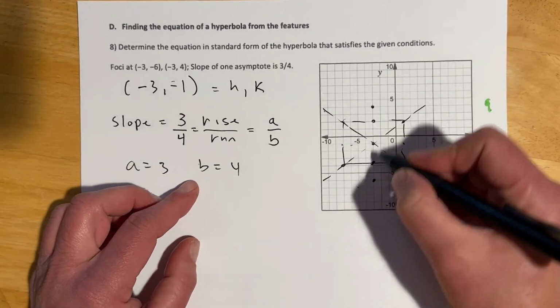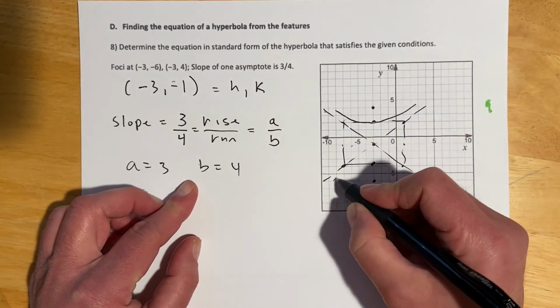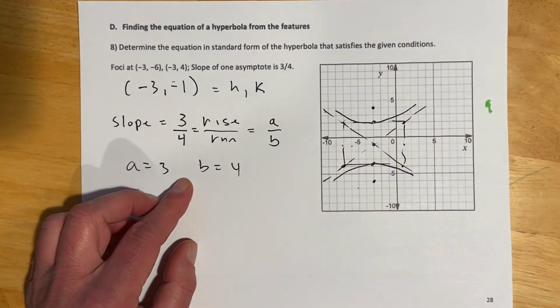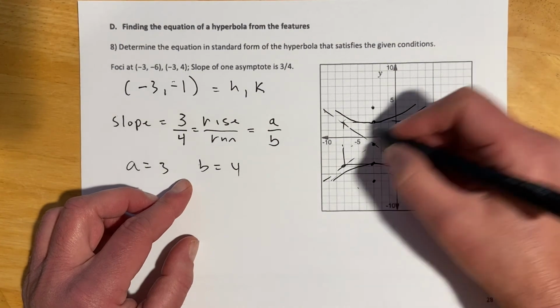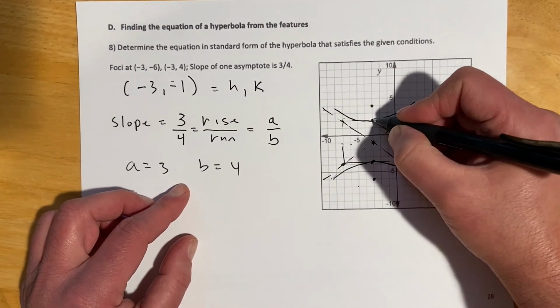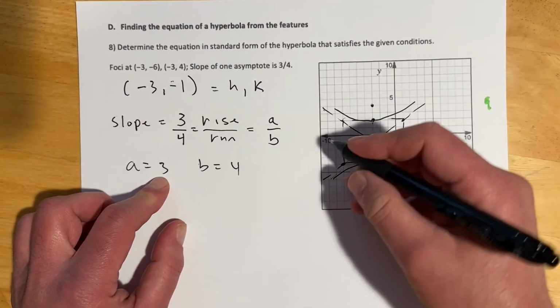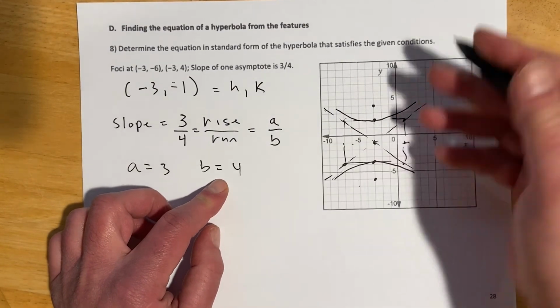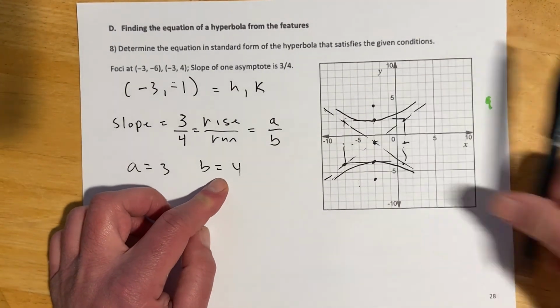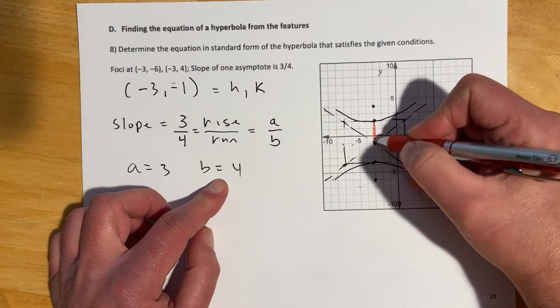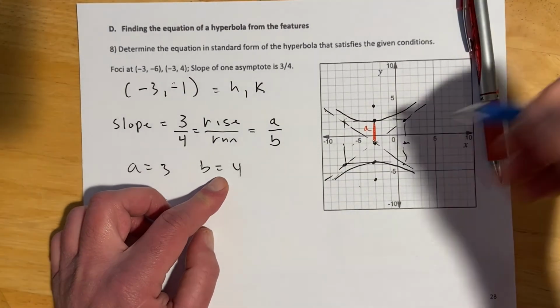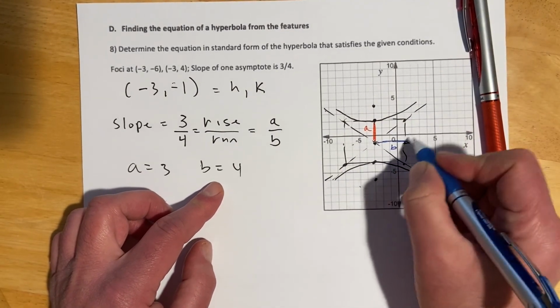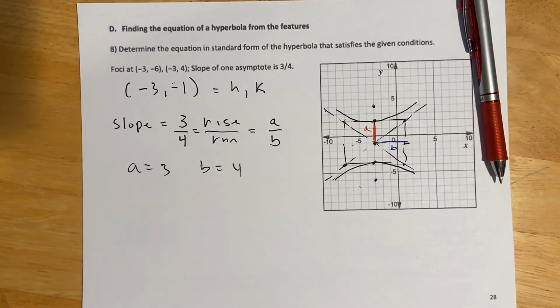And so that means, again, this was opening up and down. And so once I get those asymptotes in, then I can see from here to here, that a is 3. From here to here, that b is 4. You don't need the picture to do it, but hopefully looking at that distance being a and that distance being b, that makes sense why that would be the slope.